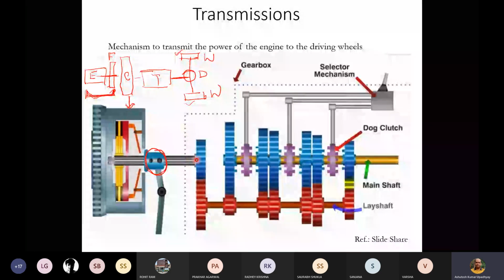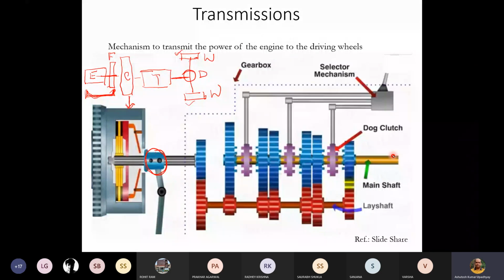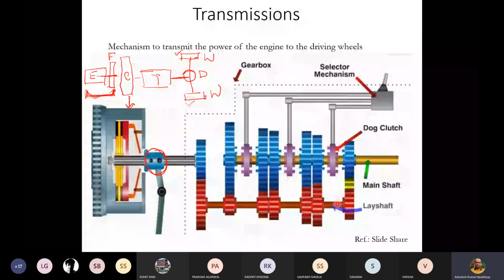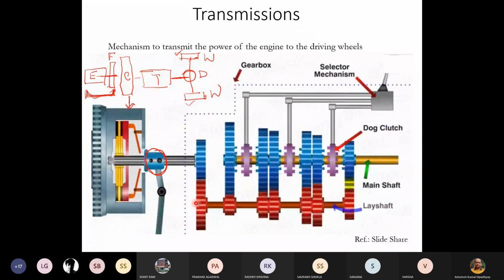Because if you are transmitting directly, there will be only one particular speed, and that will be the engine speed, the RPM on which the engine is running. So we are putting a counter shaft over here. The red color setup is the counter shaft actually.